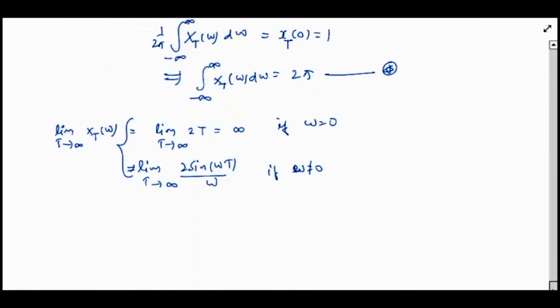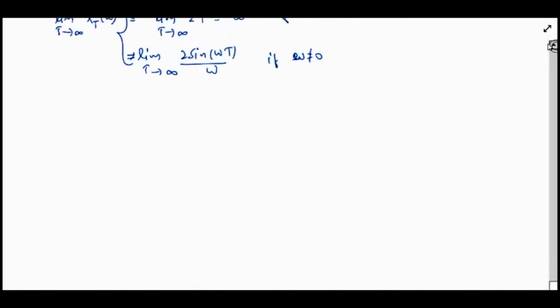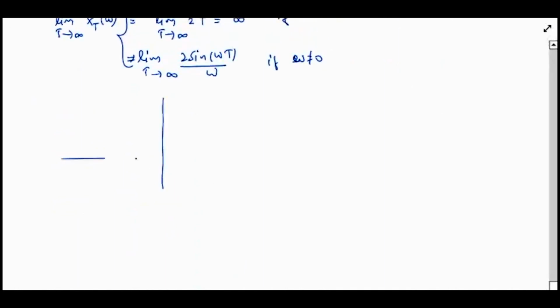Now if I plot this function x_T(omega) for larger and larger values of capital T, I observe the following. Suppose for some T I have the following plot.